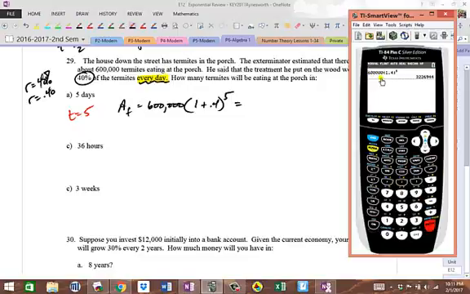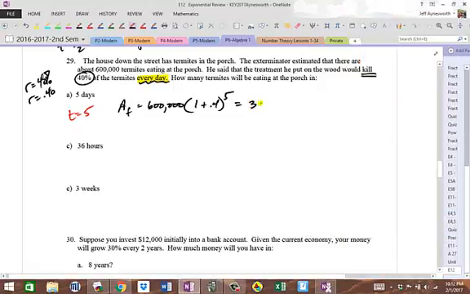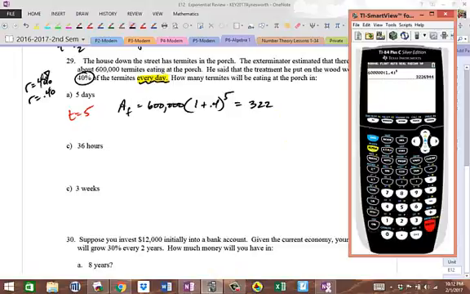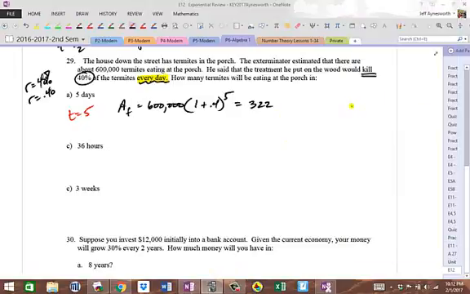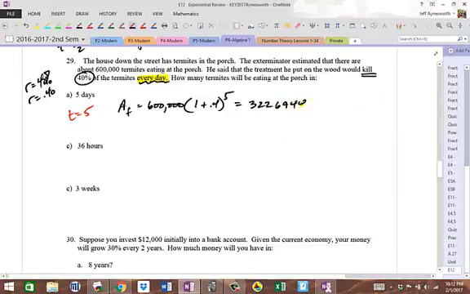It has 5 zeros: 1, 2, 3, 4, 5. And then 1.4 to the fifth. So that's 3,226,944. Let's put some commas in. 3,226,944 termites.